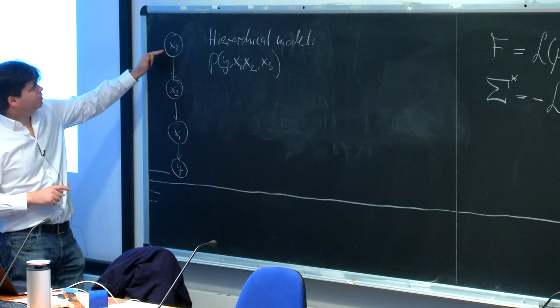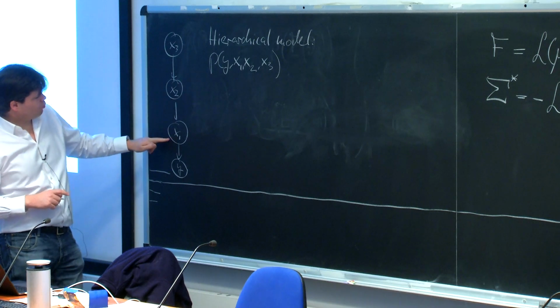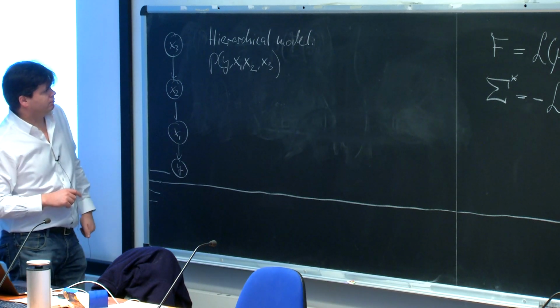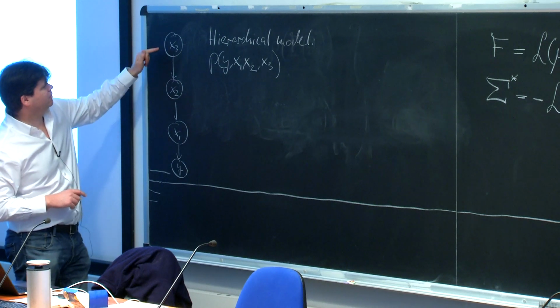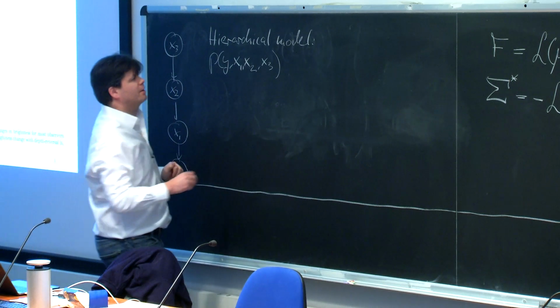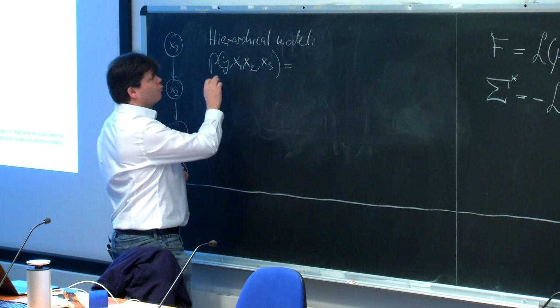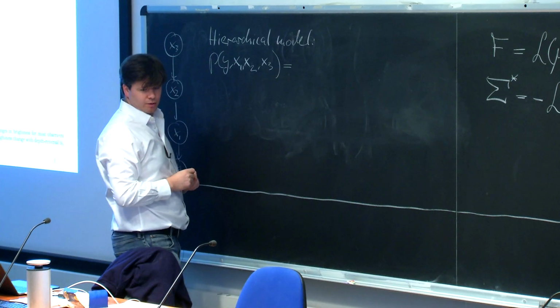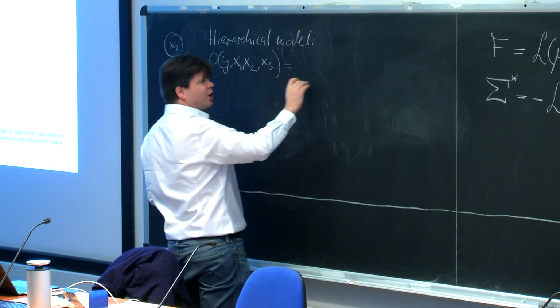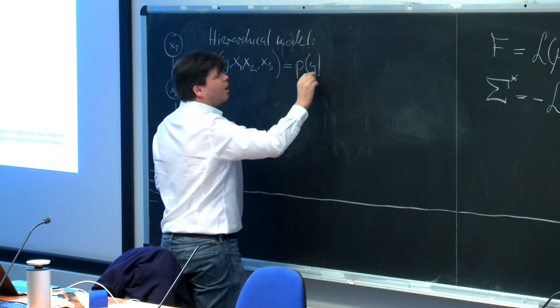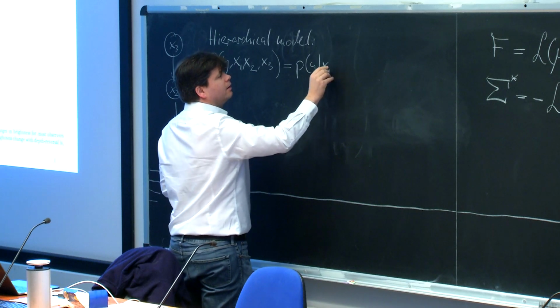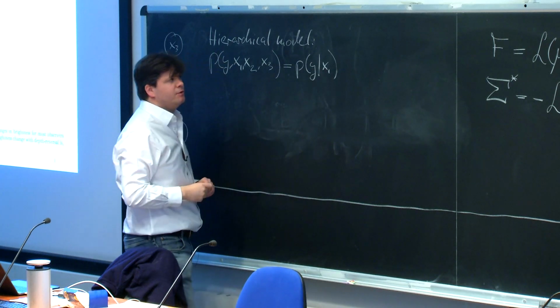But now, y only depends on x1. x1 only depends on x2. x2 only depends on x3. So we can take this joint distribution and write it as a chain of conditional distributions. P of y given x1. This is a likelihood.